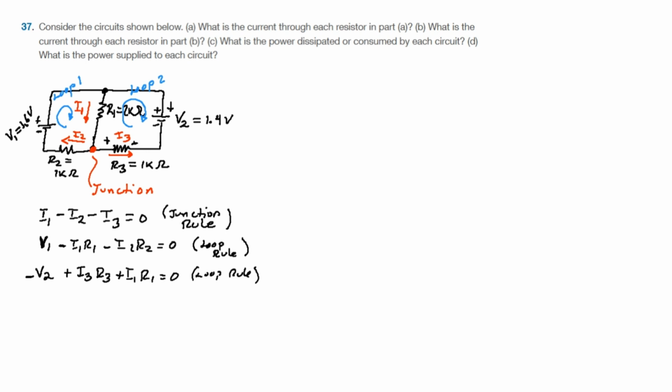Now what happens? You will substitute now the resistance by their values. And you have a system of equations with 3 equations and 3 unknowns. So you have one equation that would be I1 minus I2 minus I3 equals 0.